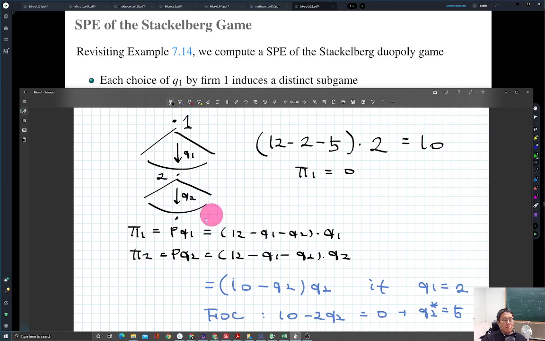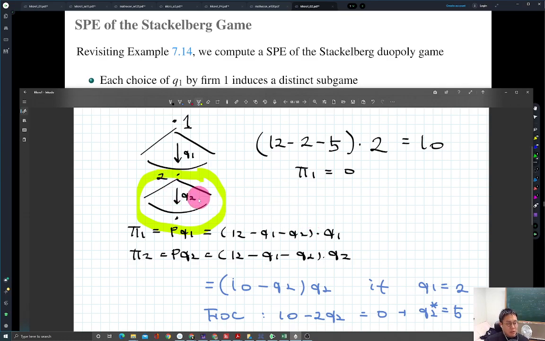So we have infinitely many subgames here. For each choice of Q1, it identifies player 2's possible information set, and at the same time it defines a possible subgame for player 2. But for each generic subgame, it is only player 2 who makes a decision.